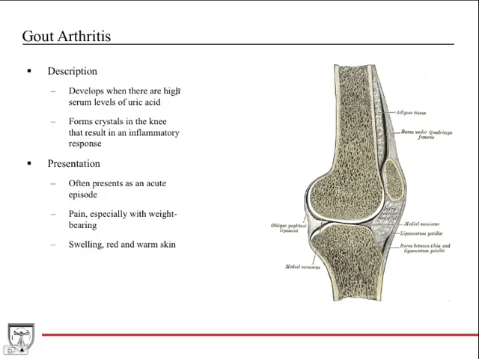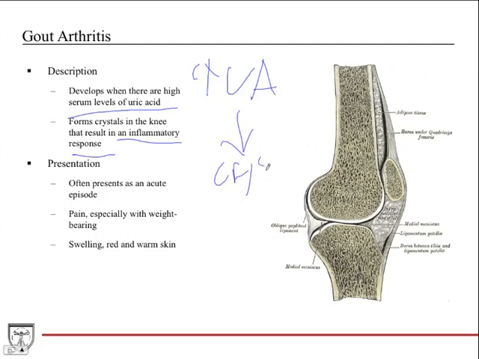So it develops when there's a high serum level of uric acid, as we've talked about when we talked about gout in other areas. It forms crystals in the knee that result in an inflammatory response. So you have this high uric acid, so UA, crystals form, which causes, these crystals will form in the knee here. That results in inflammation.